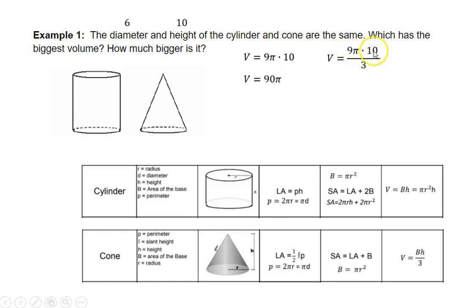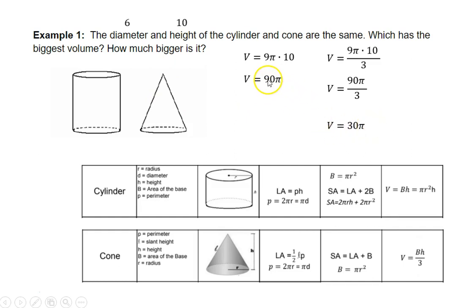Then we multiply that by 10, because that's the height of the cone. We assigned that height as 10. And then divide that by 3. So 9 pi times 10 is 90 pi, and 90 pi divided by 3, I can do 90 divided by 3. That is 30. So the volume of the cone is 30 pi.